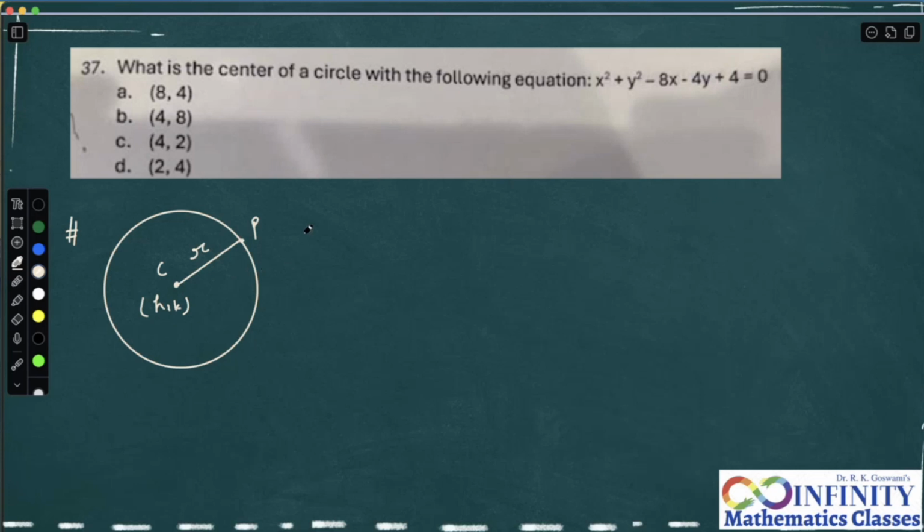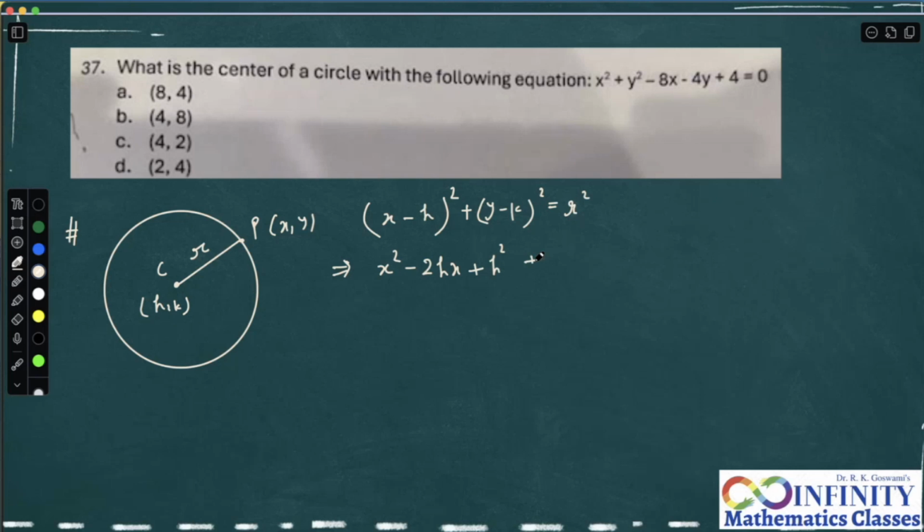So if you ask me what is the equation of the circle, if the coordinate of P is going to be (x, y), the equation of the circle is going to be (x minus h) square plus (y minus k) square equals r square. If I ask you to just open the brackets, you will tell me x square. Yes.